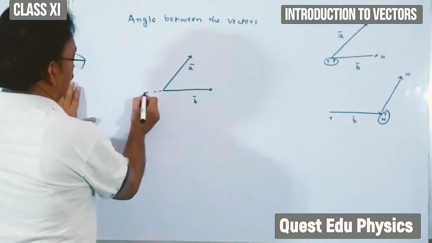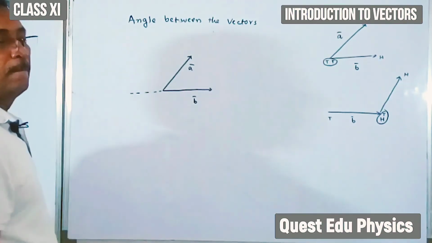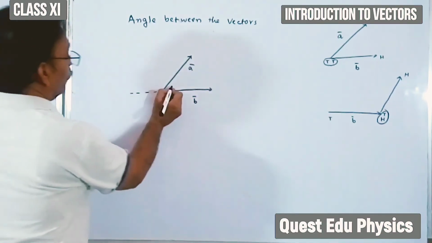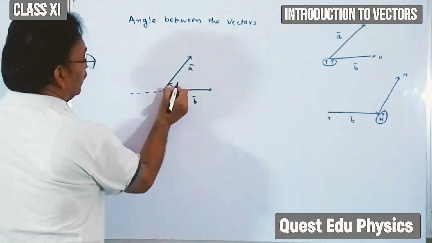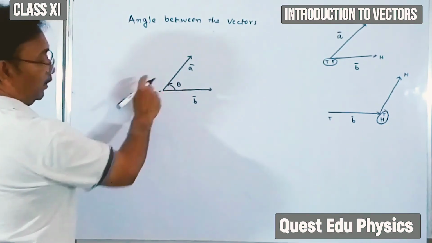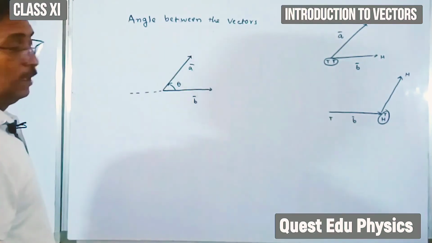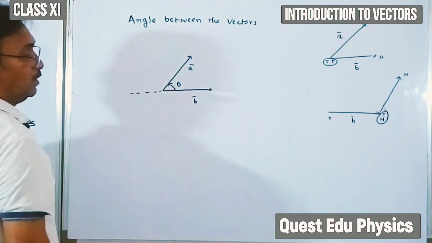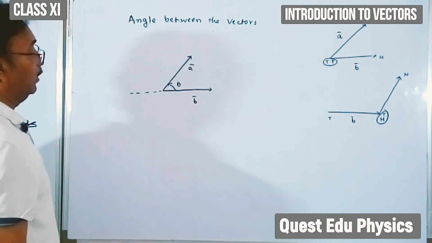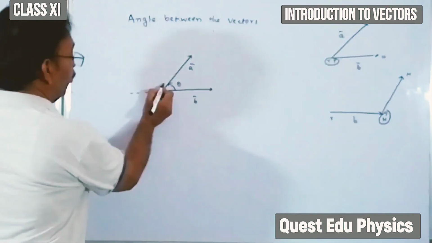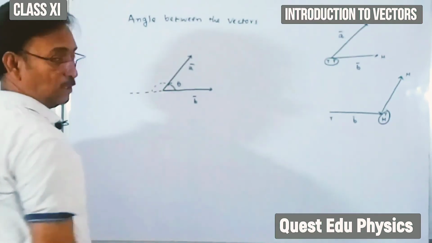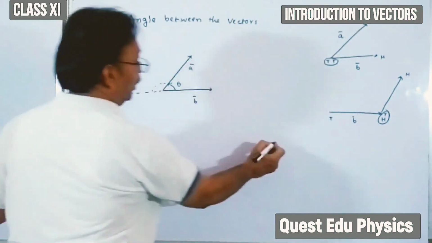I'm just extending this. This represents the angle between the two vectors. It can be the smallest angle. If you go further, it is a larger angle, and I will show here.